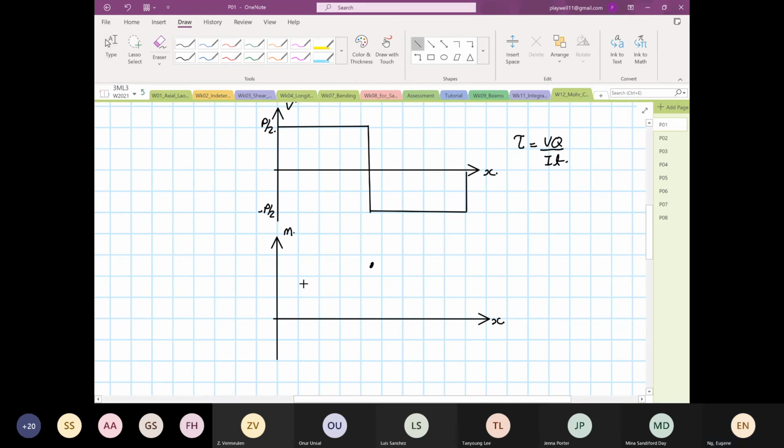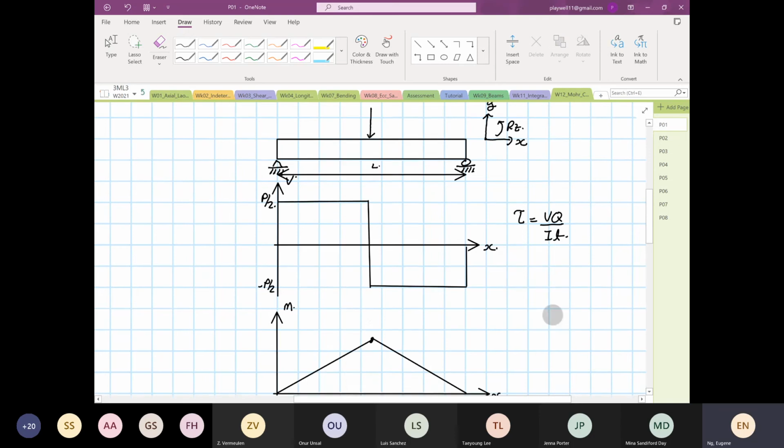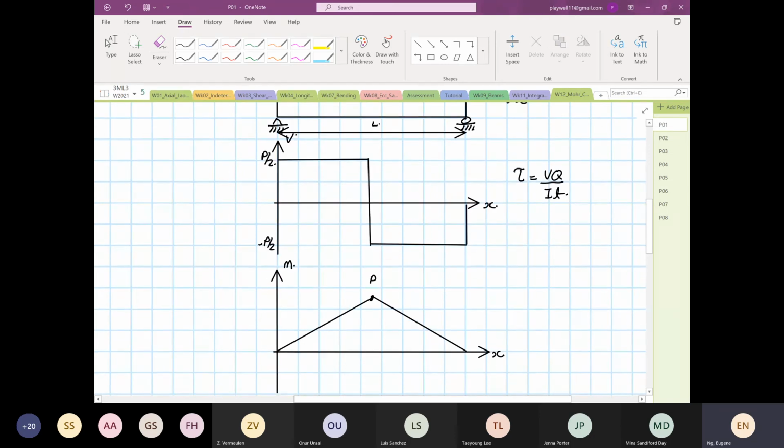So this is our bending moment diagram. And if this entire length is equal to L, okay, from here to here, then this is equal to PL over 2, right?